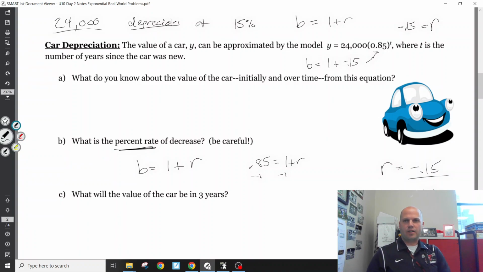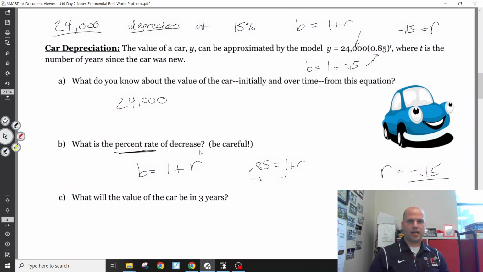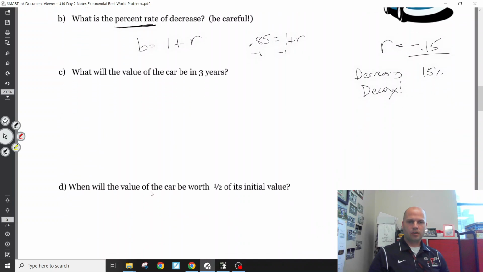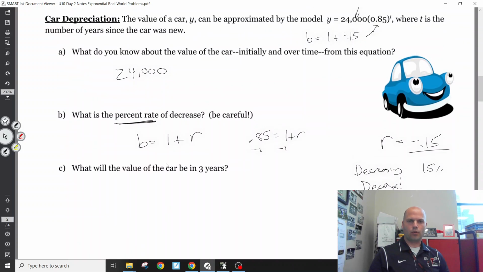What is the initial value? Our initial value, you can see, is $24,000. And now, since we have the equation, we have the setup: what's the car's value in 3 years? And when will the car be worth half of its value? Again, we need an understanding of what our x's and y's are.